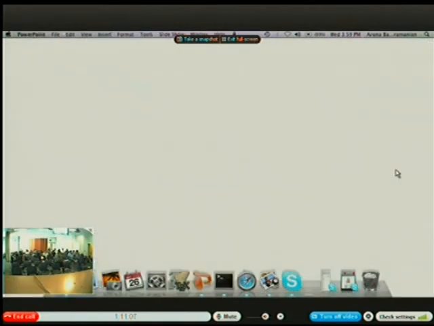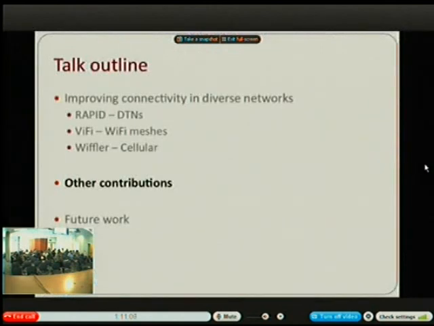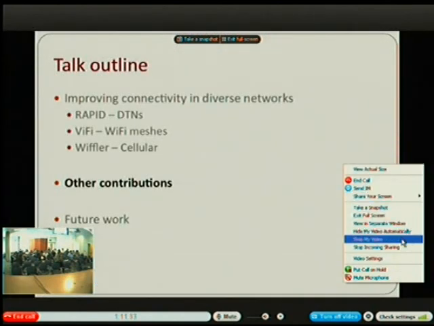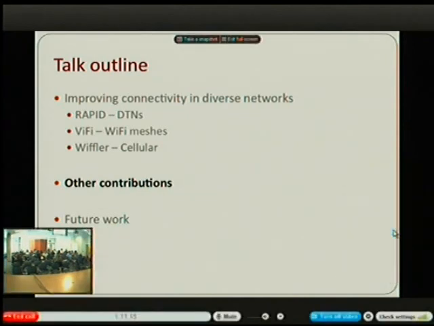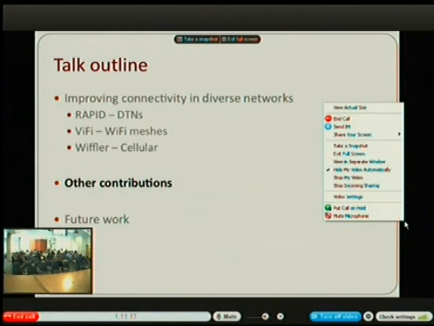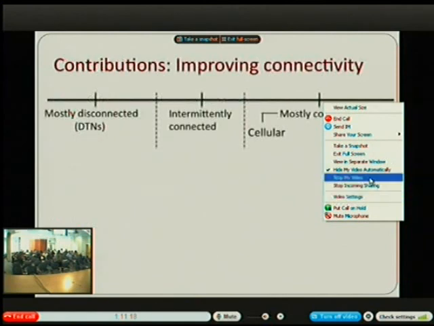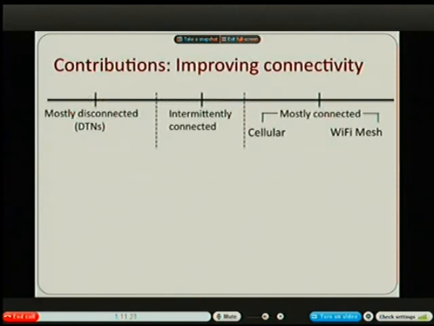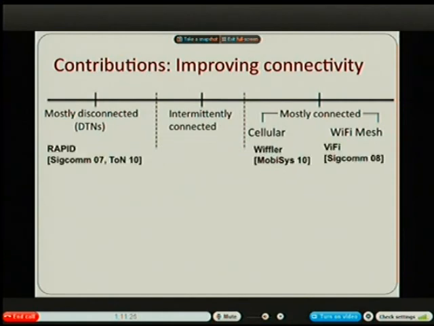So let me continue. I want to briefly go over some of my other contributions as well as talk a little bit about some future work. I talked about how the goal was to improve connectivity across these diverse network environments, and I talked about RAPID, Wiffler, and Wi-Fi.